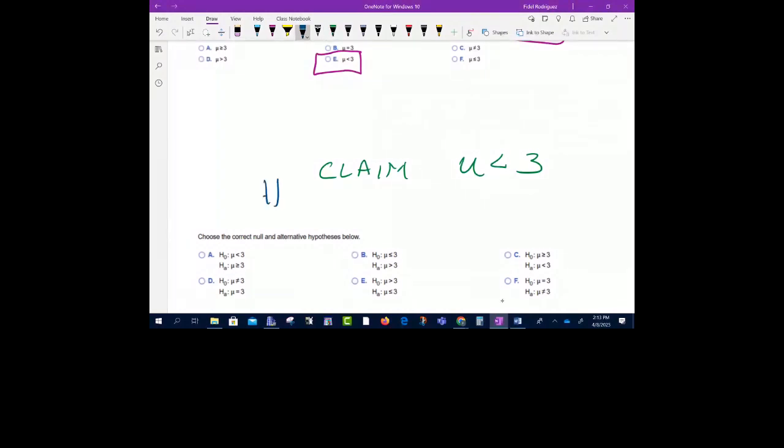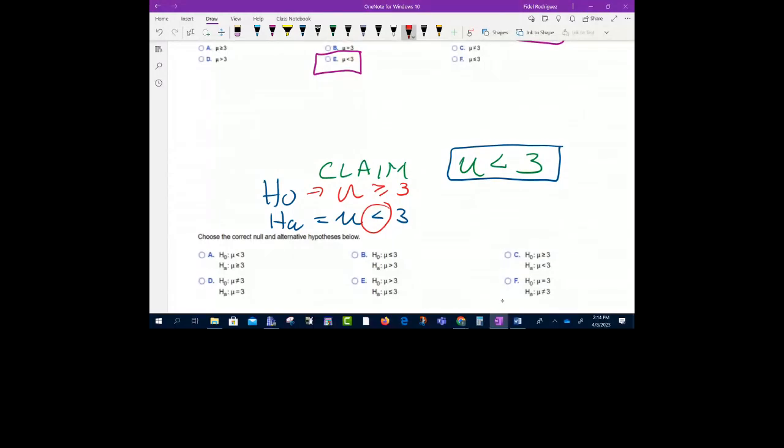The H0 always has to have something where it says equals. This does not have equals, so that's going to be my Ha. So what is my H0 going to be? The opposite of less than is bigger than or equal to 3. The opposite of my Ha is mu bigger than or equal to 3.